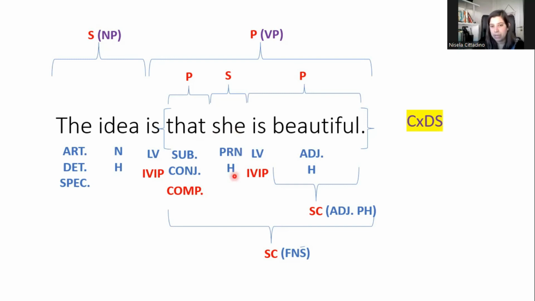She is the pronoun and the head, is is a linking verb, an intransitive verb of incomplete predication. She is beautiful. Yes, this is what we have been analyzing in the first term. Beautiful, an adjective and a head, and it is the subjective complement. Who is beautiful? She. So it complements, it redefines the subject. So she is beautiful, and it is an adjectival phrase.